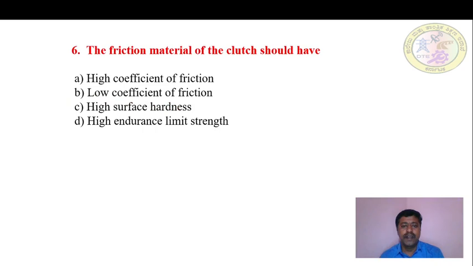The friction material of the clutch should have high coefficient of friction, low coefficient of friction, high surface hardness, high endurance limit strength. The answer is A, high coefficient of friction.